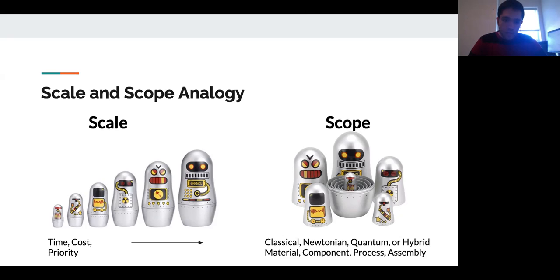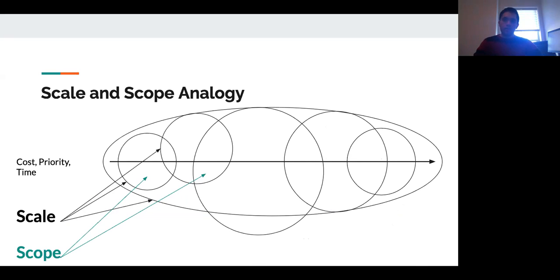I introduced this kind of thinking and visualization where the scale is essentially the boundaries which we defined, and it also encompasses the scope of what we're looking at. So the scale points to the boundaries of the circles, and the scope points to the area contained within that circle.